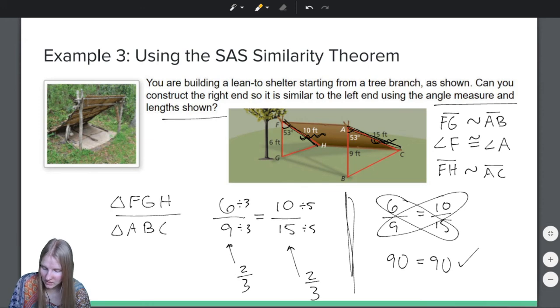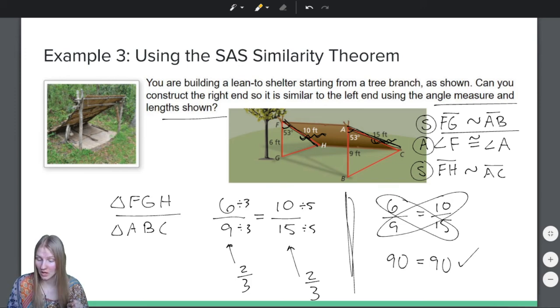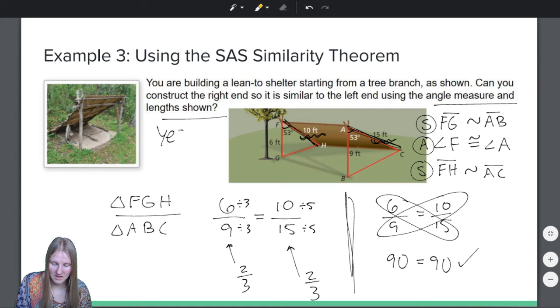So, notice we have side, angle, side. We have a pair of sides that's proportional, 2 angles that are congruent, another pair of sides that are proportional. So, yes, it says, can you construct the right end so it is similar to the left end? Yes.